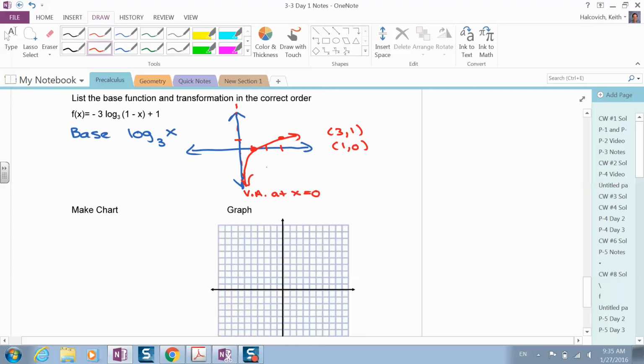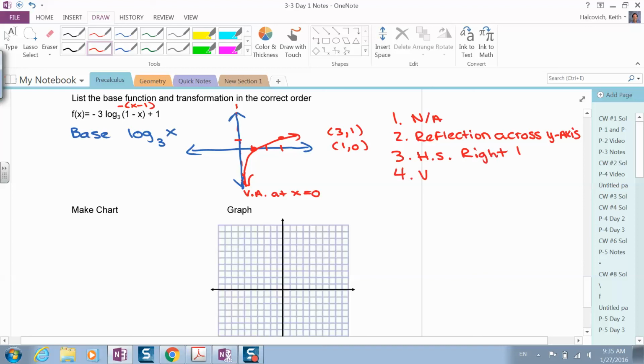So now we have our transformations. So remember here, this can be written as negative x minus 1, because remember, you take out the number in front of the x. So there is no horizontal stretch or shrink. However, there is a reflection across the y-axis, and there is a horizontal shift to the right 1.